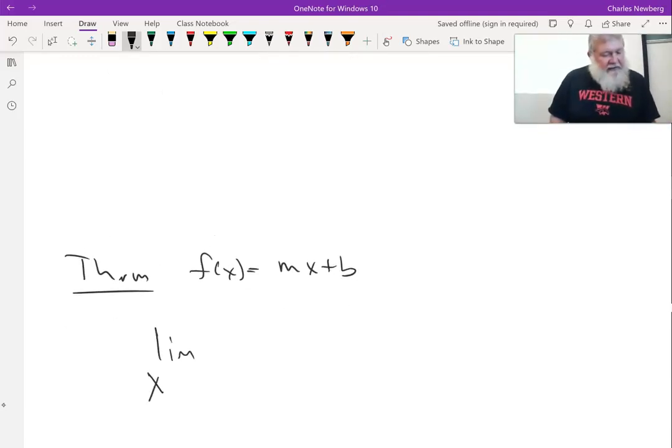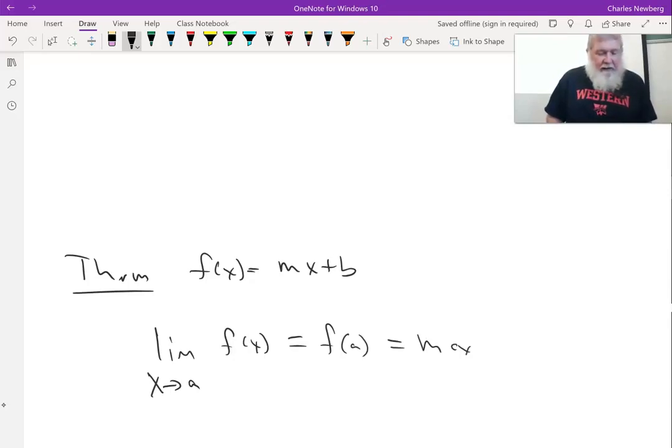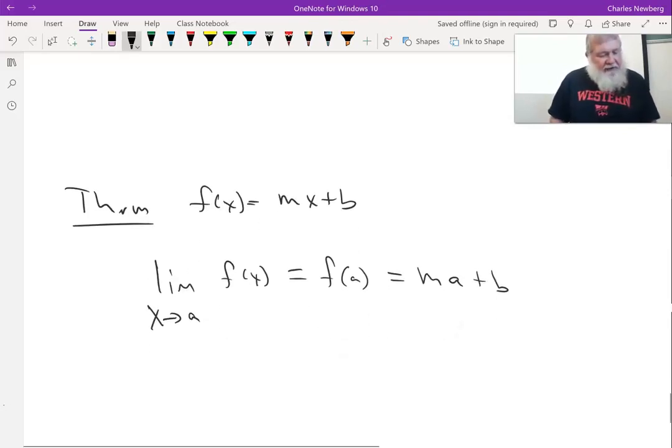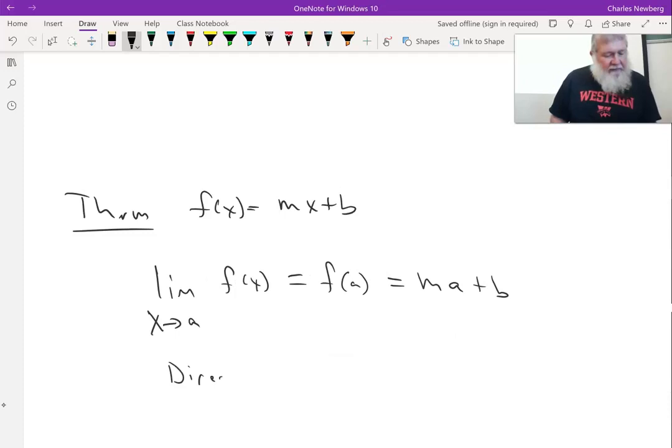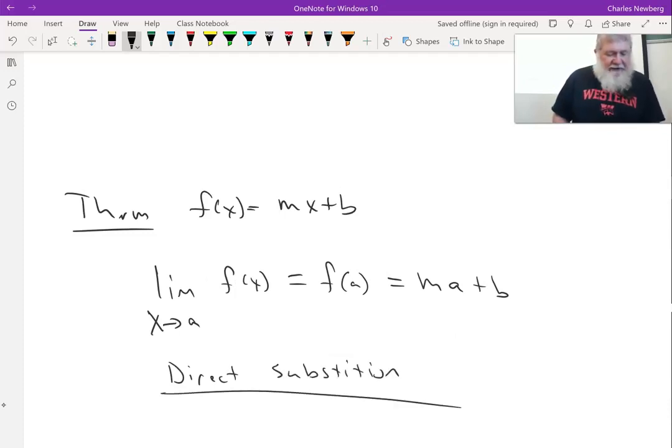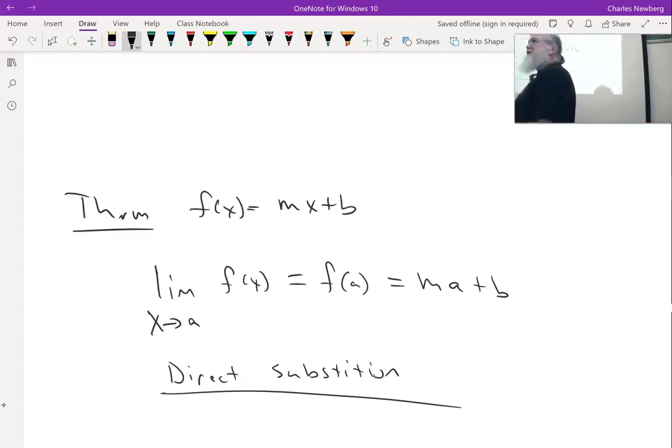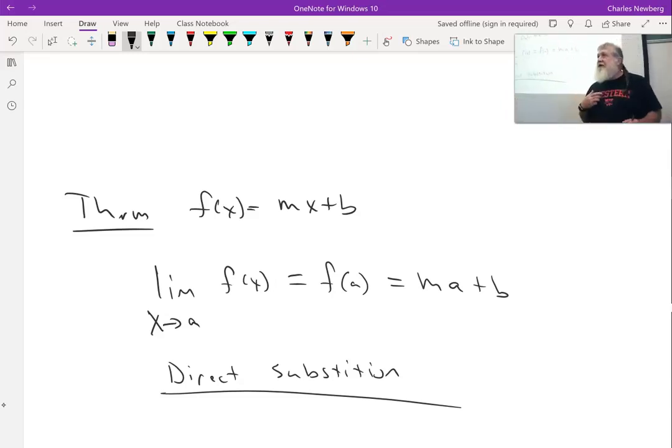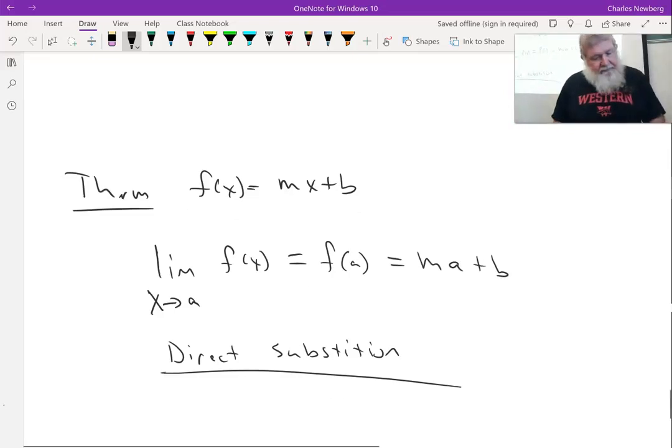The limit as x approaches a of f of x. Well, we could do direct substitution. We could literally just plug in that value and we get ma plus b. This we refer to as direct substitution, when you can just plug in the value and get the limit. We love those because those are the simple ones. So we already saw that we can do linear functions by direct substitution.